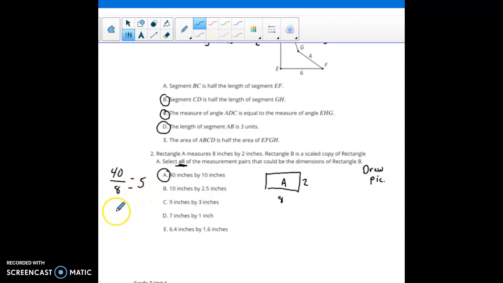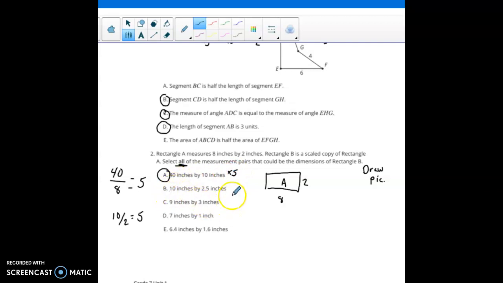And then I'm going to also do 10 divided by 2. 10 divided by 2 is also 5. Since they have the same scale factor, we know that that is true. And this is times 5. And we're getting bigger, so we get a number bigger than 1.